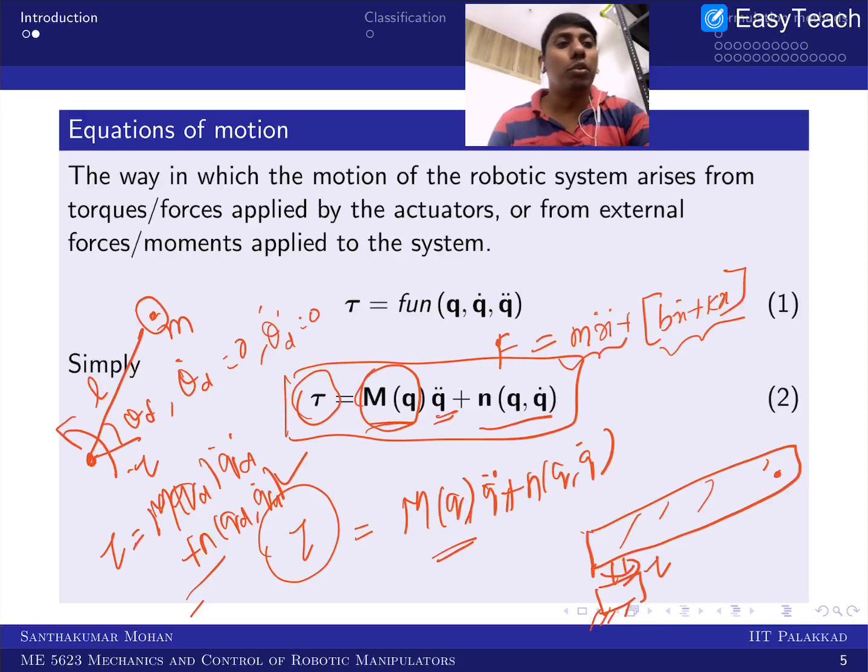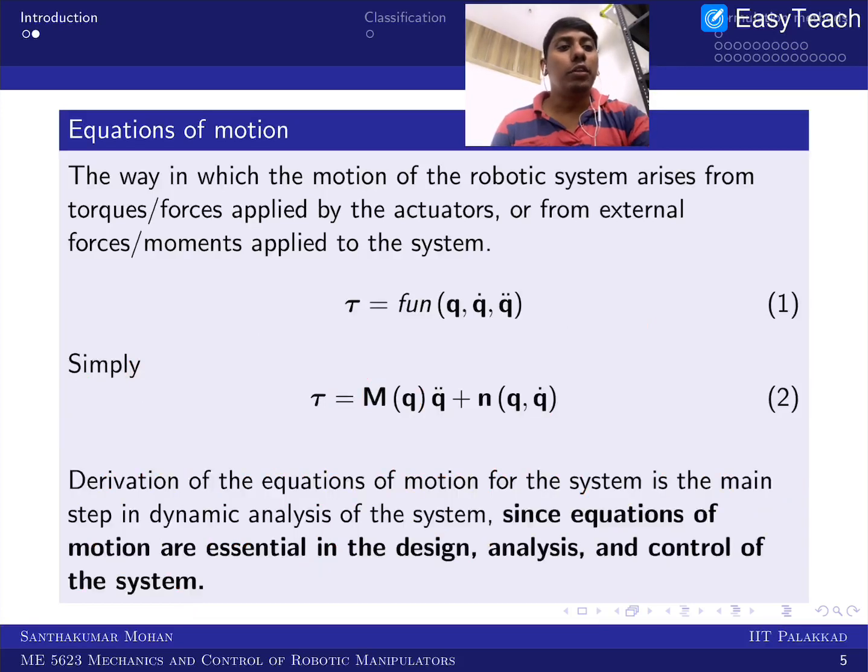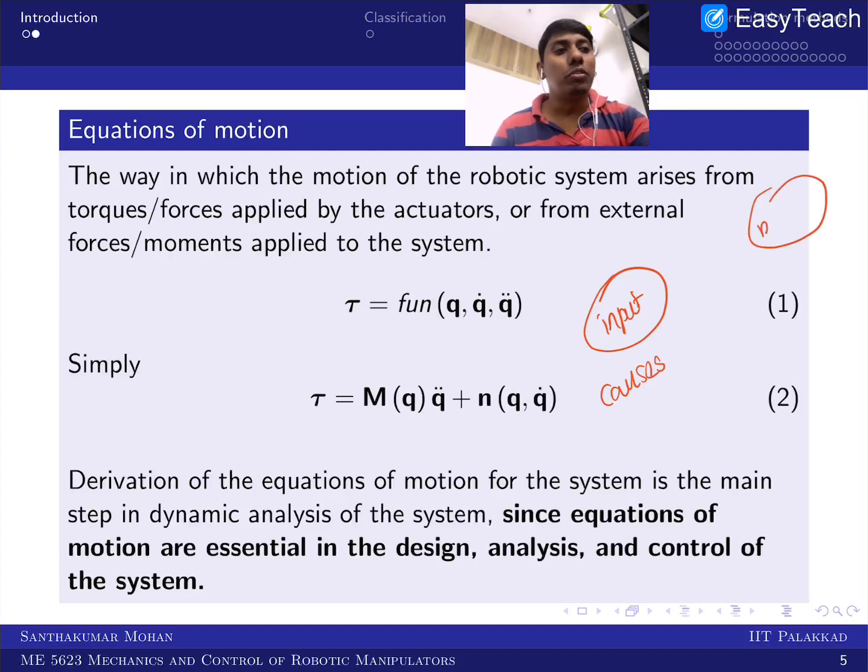In that sense, you are trying to map something like input, which I am calling causes, to the motion, which I am calling reactions. So this is the action and this is the reaction.